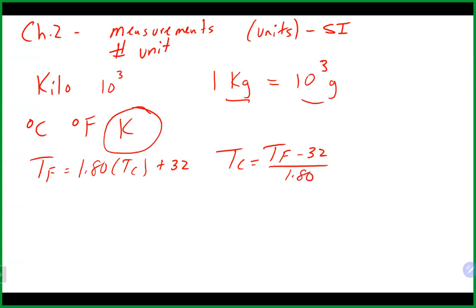The one that we use the most really is converting to Kelvin. Temperature in Kelvin is the temperature in Celsius plus 273. As we talked about, the real number is 273.15, but most people don't use that 0.15, so we will use 273.